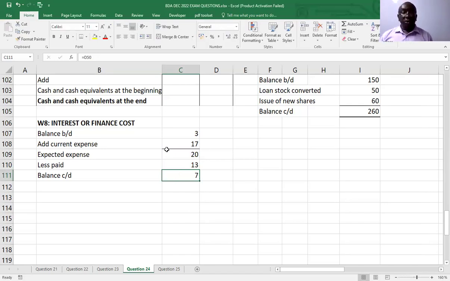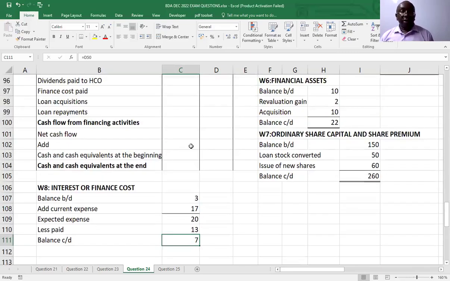So sasa hiyo ndio tutakibia nayo hapa. Finance cost paid, tuseme equals. And because there is a payment, lazima ingie ikiwa negative. Negative 13. Ingia hapo ikiwa negative.